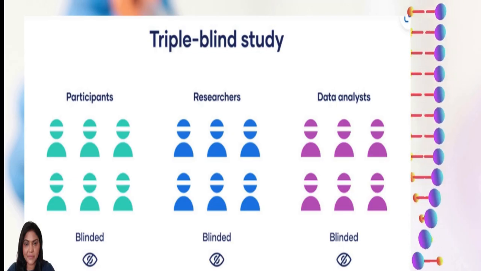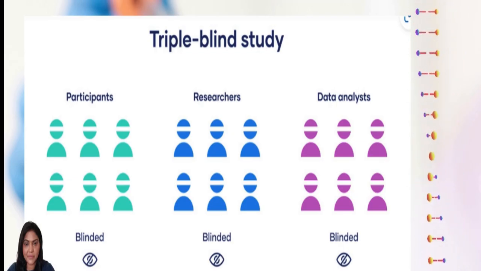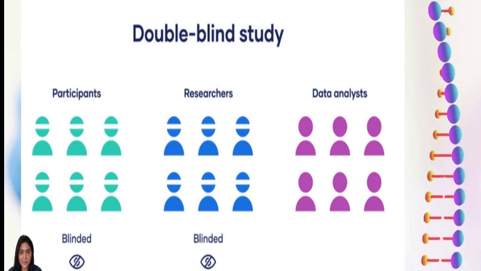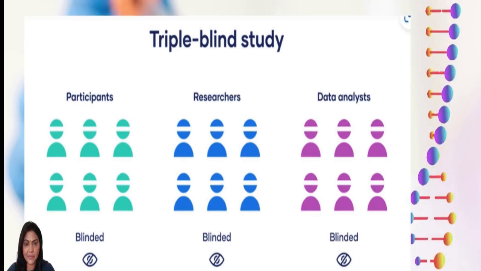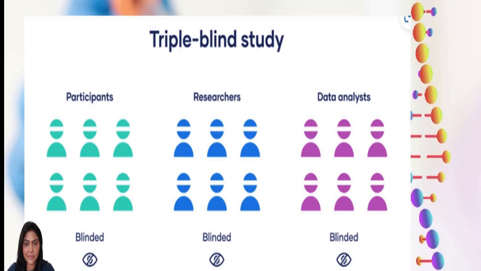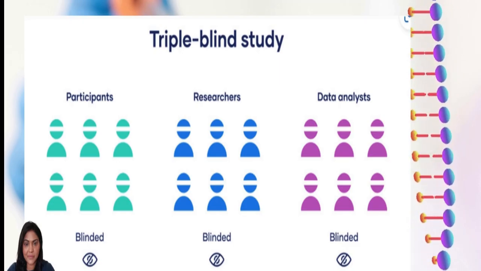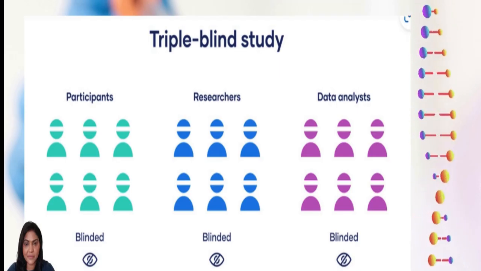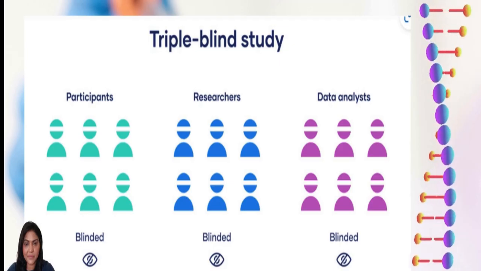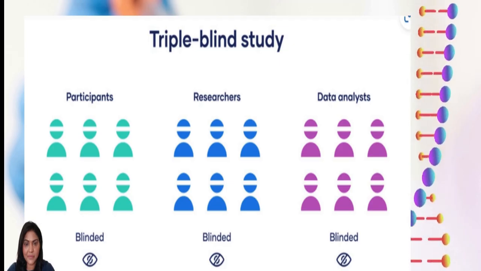This is a triple blind study. So what is the benefit of that? To achieve triple blinding, you assign each participant to group 1 or group 2, but do not inform the data analyst which number represents which group. So, it always helps to reduce analysis biases.